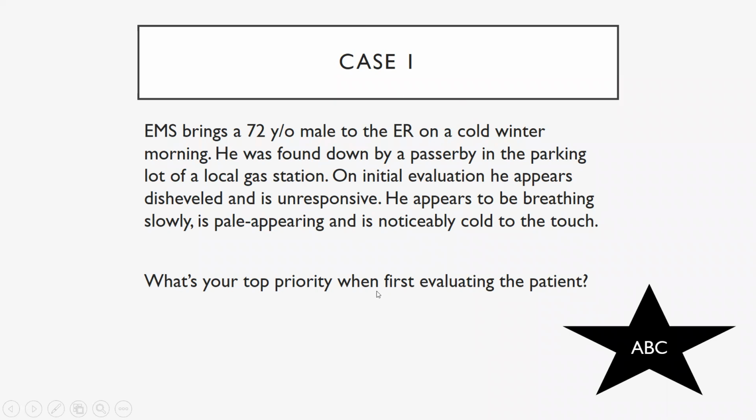Okay. So when you see this patient, what's your primary concern? Just given the basic presentation here, your primary concern is what? Hypothermia, right? So once you've assessed airway, breathing, circulation and done your initial management, okay.